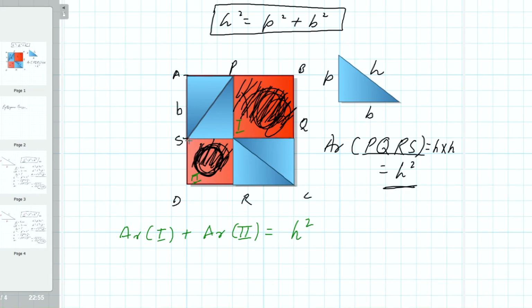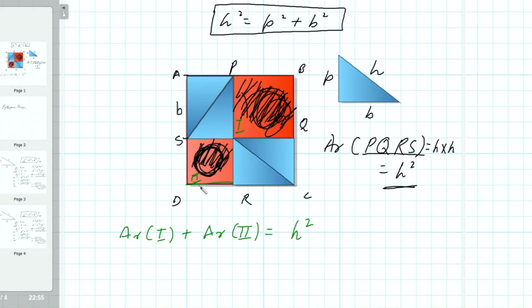What will be the area of this figure 1? As we can see here, this is a square. If somehow we are able to find the side of this square, from here to here, then we can write its area. So what will be the side of this particular square?